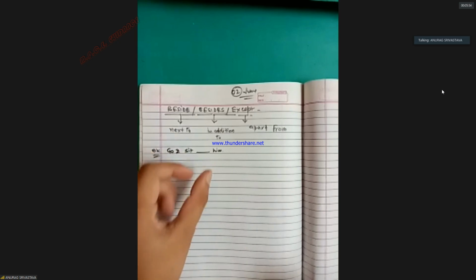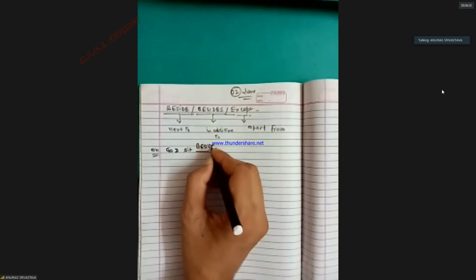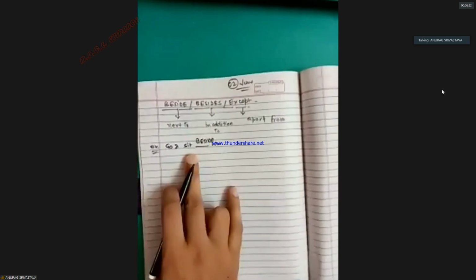The word filled here must make the sense of near. Out of these three prepositions, the one with the sense of near is beside. So we will fill here beside. Go and sit beside him.